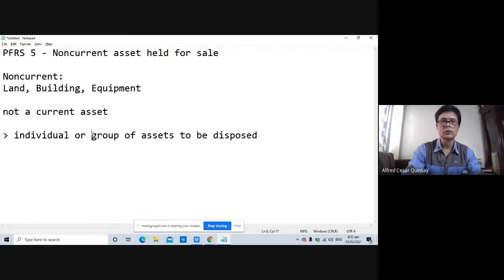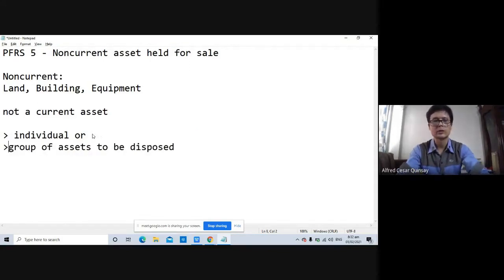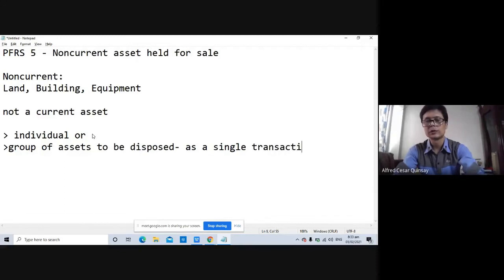So, kumbaga, parang lump sum siya. Single transaction, no? Pag binili mo yung isa, kailangan lahat bilhin mo.